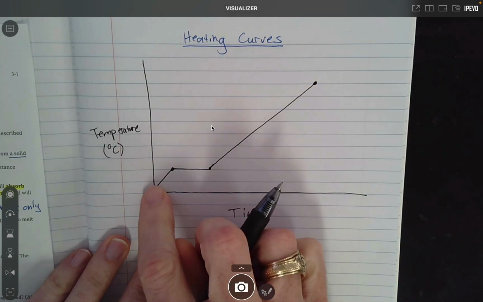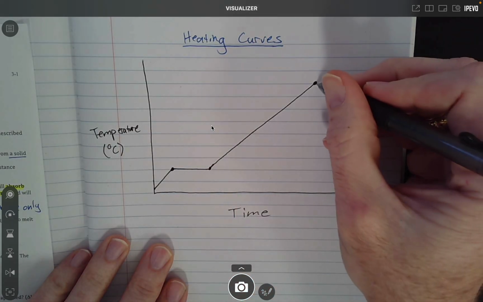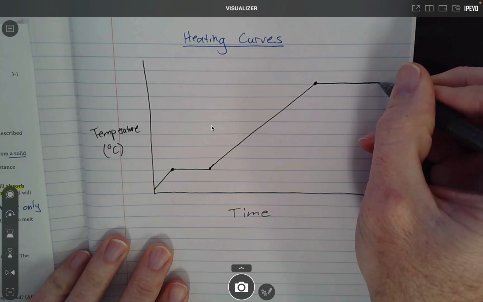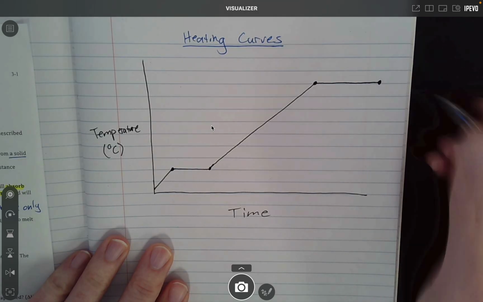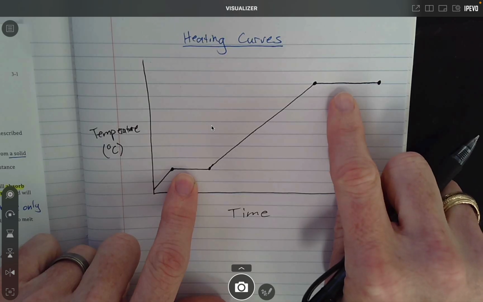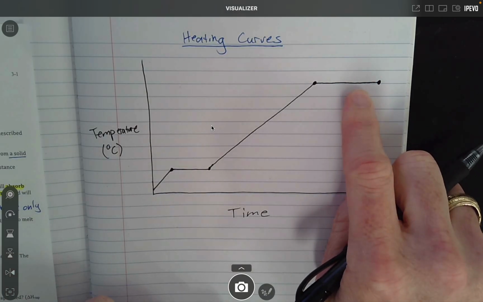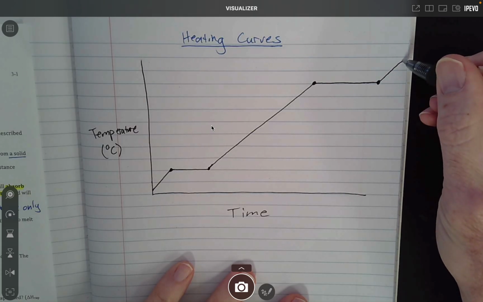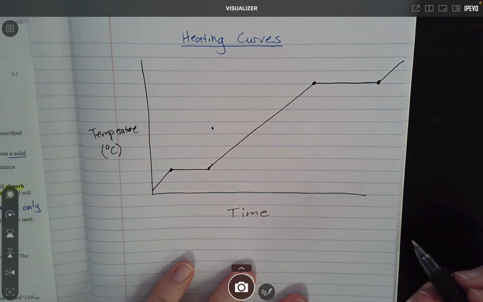Notice that it's a different slope, right? Okay. And we got a longer flat part. So if we notice again that this part here and this part here, this one is longer. And now we get to a different one, a different slope.